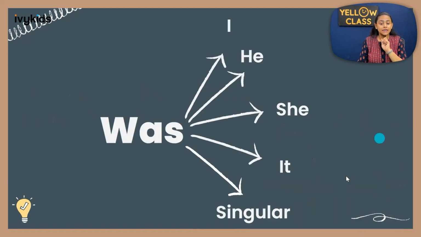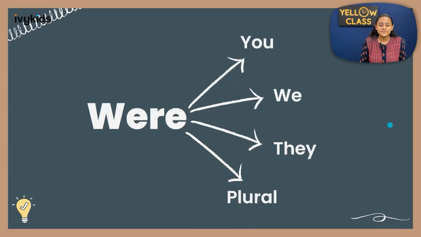Let's look at the usage of was. So we use was with subjects like I, he, she, it, or any singular person, place or thing. Right? They are also known as naming words. Okay. Were is used with words like you, we, they, and all plural persons, places and things. Okay?